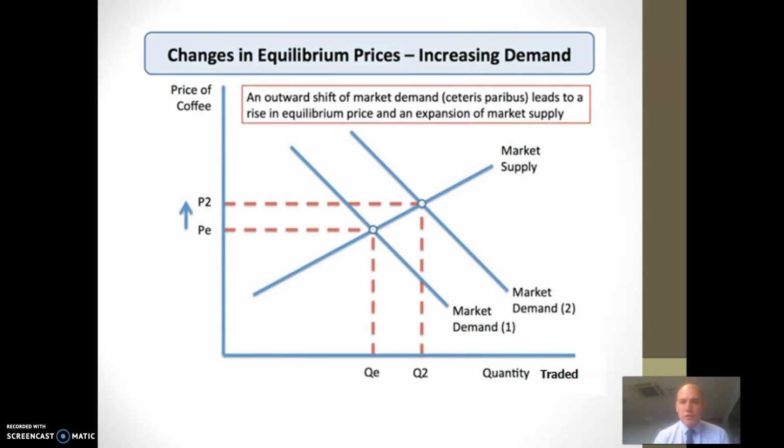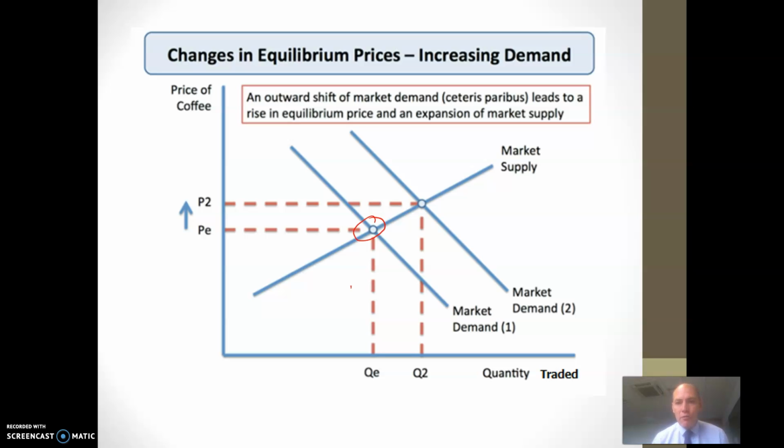Shifting on to page 38, we're going to look at some different scenarios. The first one is what happens when there's an increase in demand. Take our initial equilibrium where demand and supply are the same, at a price PE and quantity traded QE.